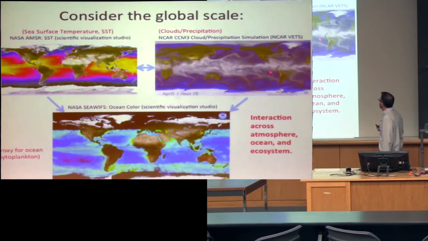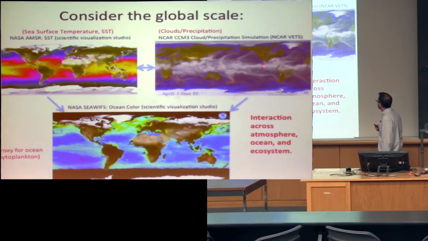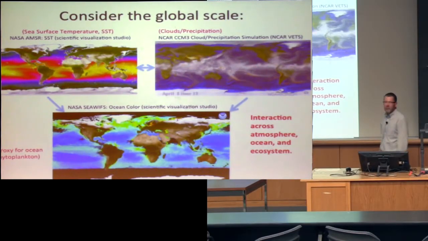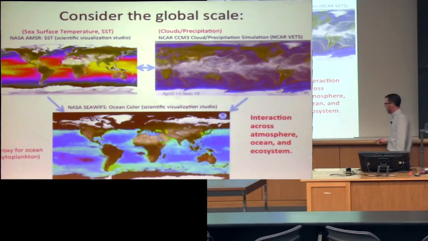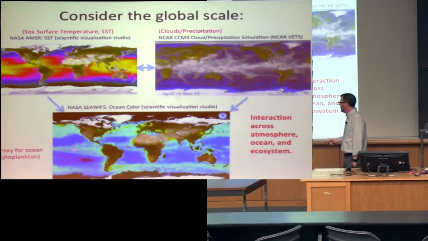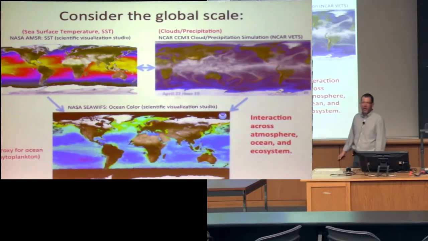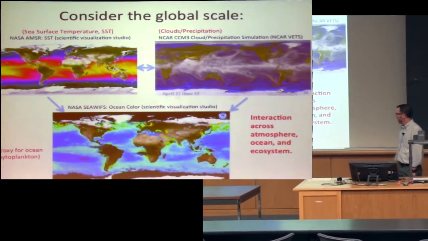You'll also see associated with that in the atmosphere here some other little clusters that happen on the same time and spatial scales. And then perhaps more surprisingly to you is that you'll notice the similar features in the biological representation from the ocean color. And you'll see those little waves propagating throughout.